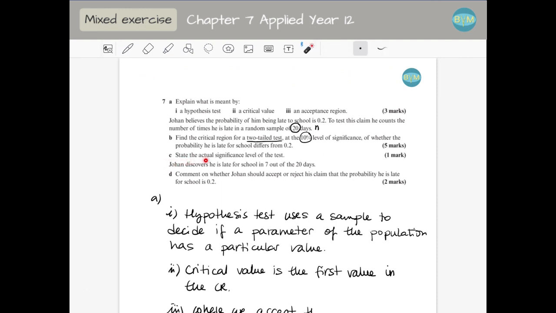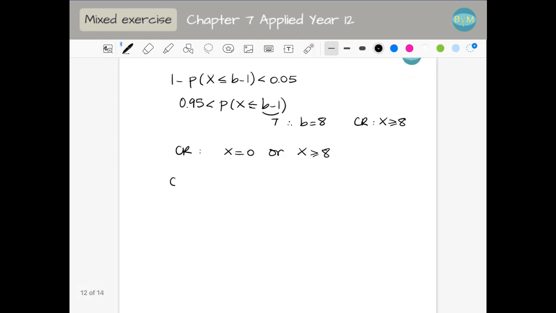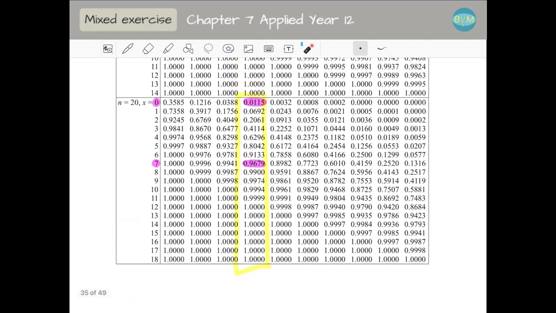The C part: state the actual significance level of the test. That's the probability of falling in the critical region. So it's going to be the probability of X being 0 plus the probability of X being greater or equal than 8. You can use the calculator or you can use the table because we have the probabilities, and it's quite quick.